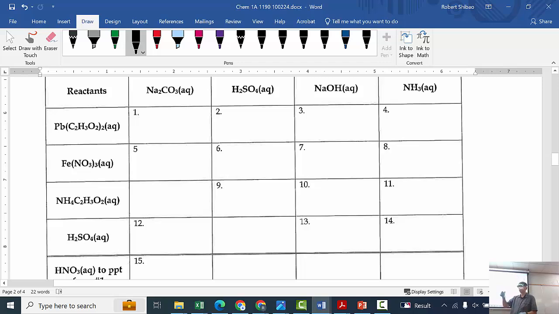This white PPT is going to behave differently. I'm going to add nitric acid to this one. So I'm not going to wait for this to settle. I'm just going to go ahead and add my nitric acid. What do you expect to happen with nitric acid? Oh, let's see. So I'm adding my nitric acid to this.